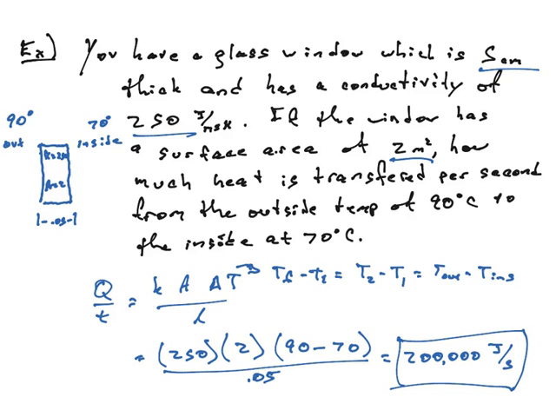Now, next time, I'll do a video with some more examples, and we're going to see some examples where maybe we have two things in contact. So you may have, let's say this is the outside, this is the inside, and perhaps this right here is glass, and maybe this is some other material, maybe drapes, like window drapes.